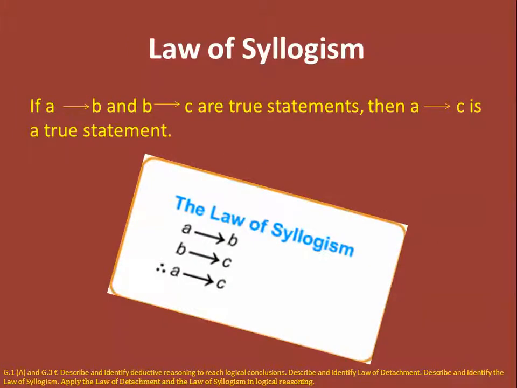Okay, the law of syllogism says, hey, A implies B, B implies C are both true statements. Then A implies C is a true statement. And I bet y'all are going, what? What is that saying? So the best way to learn all this letter jibber jabber is to actually work some examples.